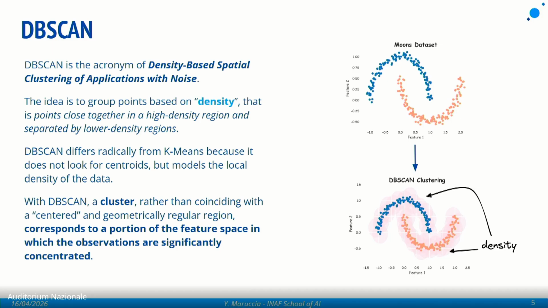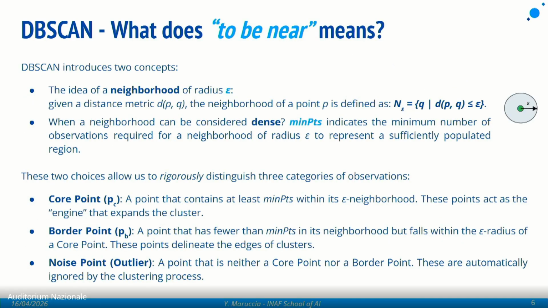So this is the idea of DBSCAN, and it differs radically from the k-means because it doesn't look for centroids, because it works on density.